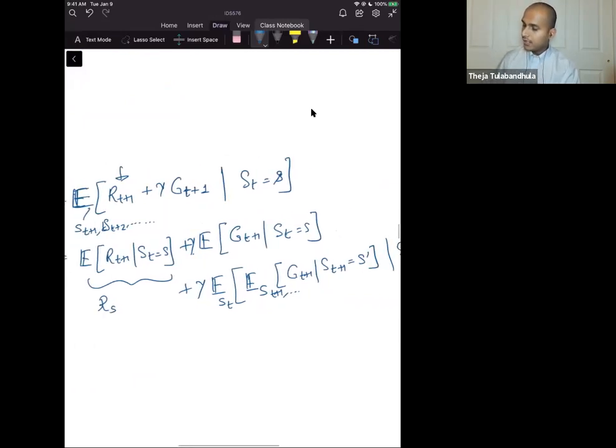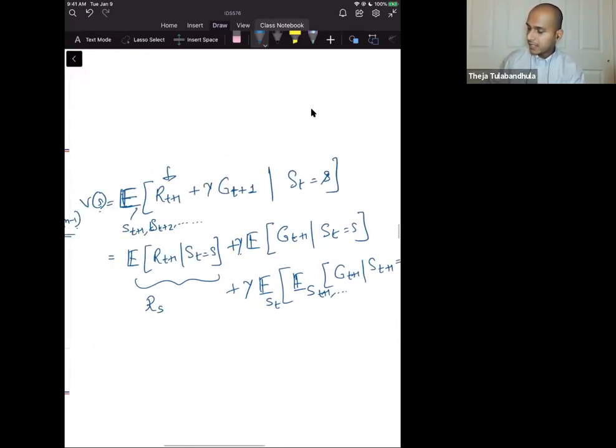What I'm saying is this expectation is over a bunch of random variables. Because it's an expectation over several random variables, you can take some expectations first and leave some expectations for later. This term doesn't depend on S_{t+2}, S_{t+1}, and all that, so this is very clearly just the expectation with respect to S_t.